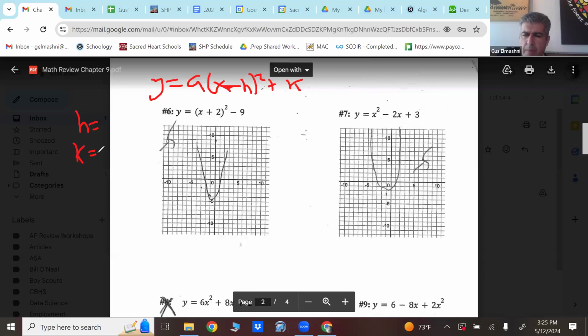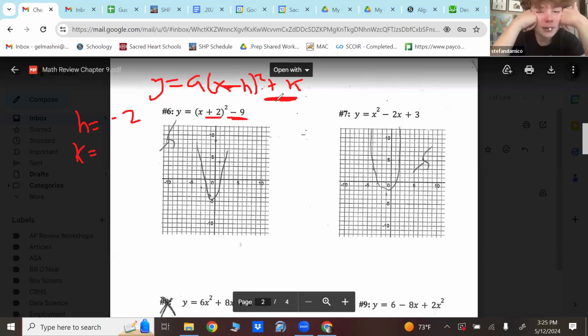So what is h in this problem here? h would be 2. Well, if it's 2, it'd be x minus 2, right? We're going to have x plus 2. So it's not positive 2, it's something else. -2. Right. Okay, and k is right here. So what's k going to be? -9. Okay, good.